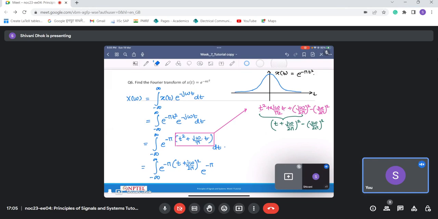So this minus and minus, I'll just simplify it further. So this I can write as (t plus j omega upon 2 pi) whole square minus omega square upon 4 pi square. So here what we'll get is minus pi into omega square upon 4 pi dt. So this pi gets cancelled, and this is a constant which we can take outside.